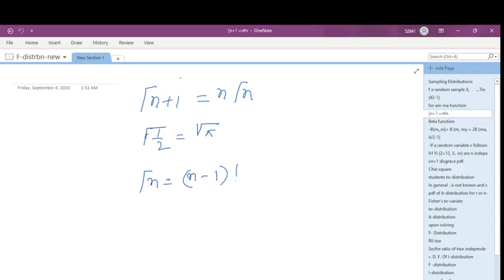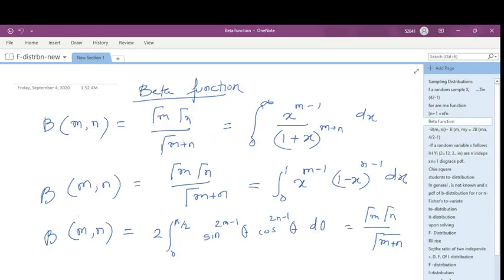So gamma n plus 1 is equal to n times gamma n, gamma half is equal to root pi, and gamma n is equal to n minus 1 factorial. So if I take a number, let us say 7, gamma 7 will be equal to 6 factorial. So it's very simple. Similarly, we have a beta function.